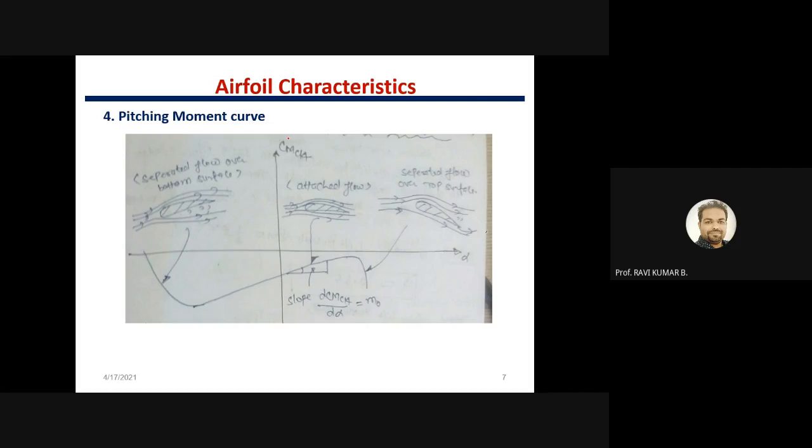So if we look at the pitching moment behavior on a given airfoil, it will be something like this. This is the pitching moment coefficient, right? So C_M c/4 that you are able to see here is basically the pitching moment coefficient.